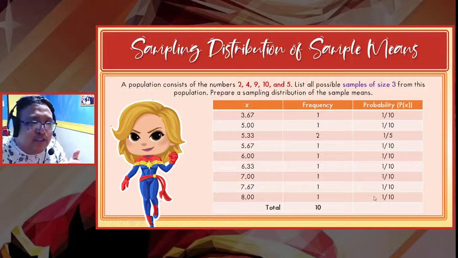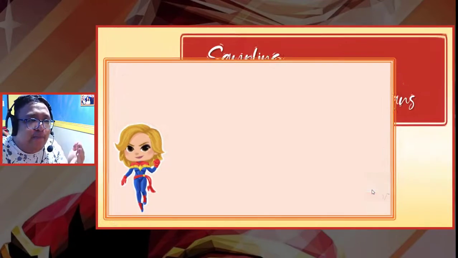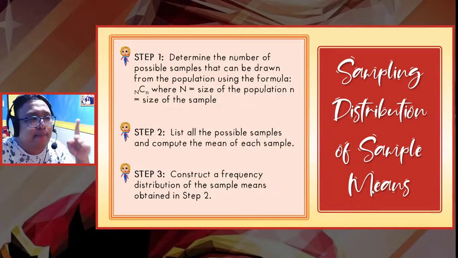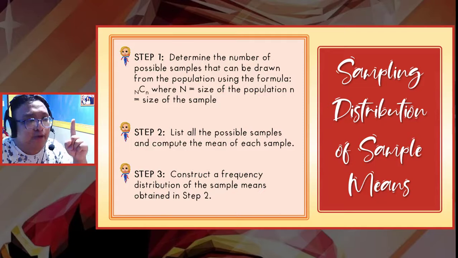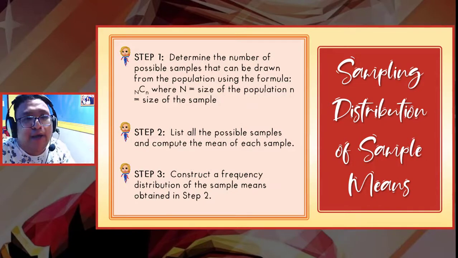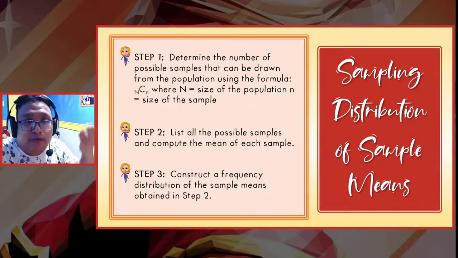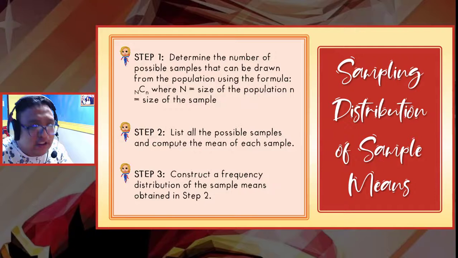So, sana natuto ka sa video na to. Always remember the 3 steps. Number 1, i-determine mo yung possible samples, no? The number of possible samples that can be drawn from the population by using what? By using the combination formula. Use your calculator or use a web-based calculator if you want to make it faster.